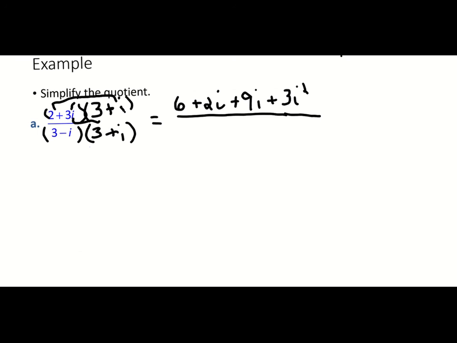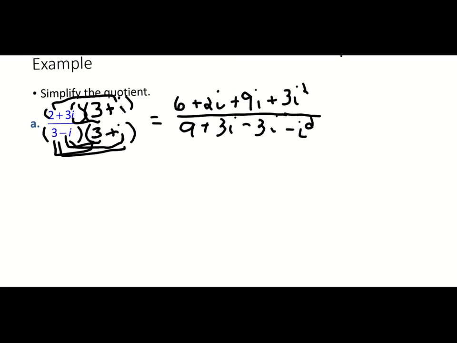All right, and then let's do the bottom, and then we'll simplify. So 3 times 3 is 9. 3 times i will be plus 3i. Negative i times 3 would be minus 3i. And then negative i times positive i will give us negative i squared.